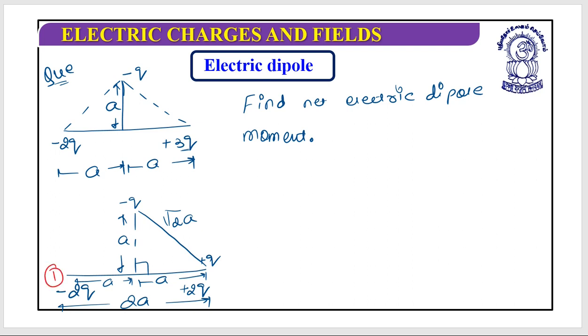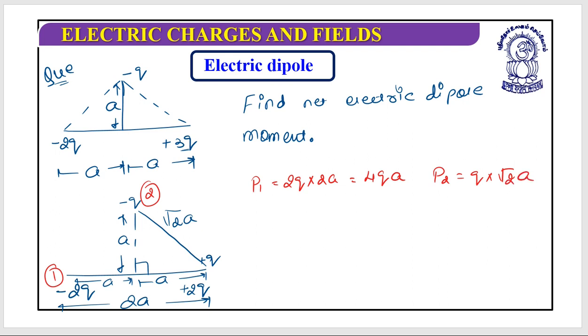Let's give a number. This is the first dipole, this is the second dipole. Magnitude of the first dipole would be 2q multiplied by 2a, so this is equal to 4 q a. And the magnitude of the second dipole is q multiplied by root 2 a.